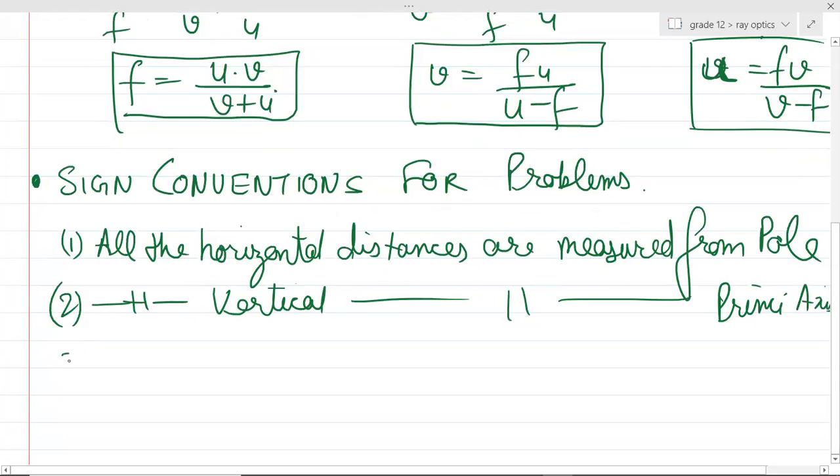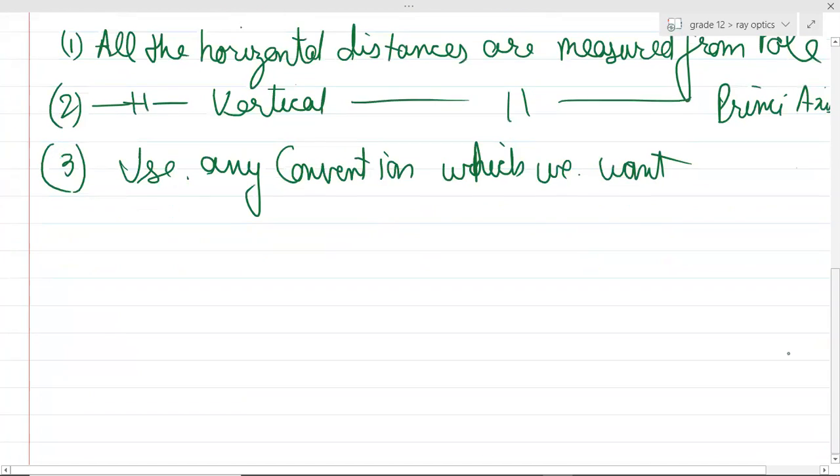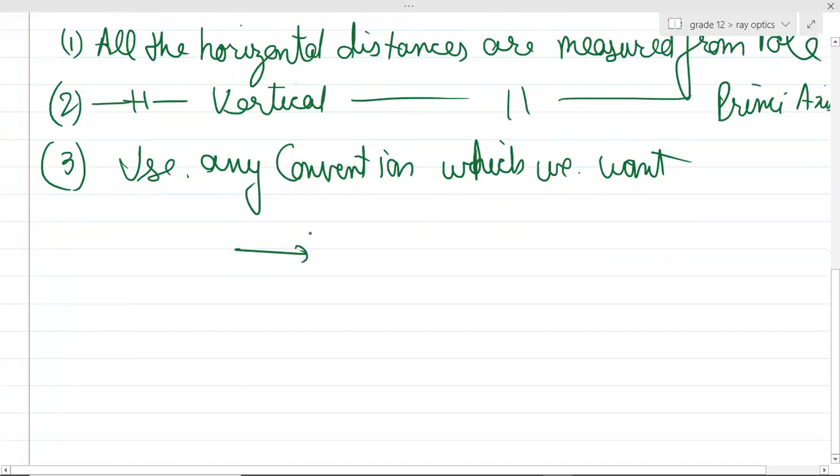Yes, sir. And use the normal convention generally. Use any convention which you want. Accordingly, for example, if I want a convention in which this is positive, then this will automatically become negative. This is positive, this is negative.